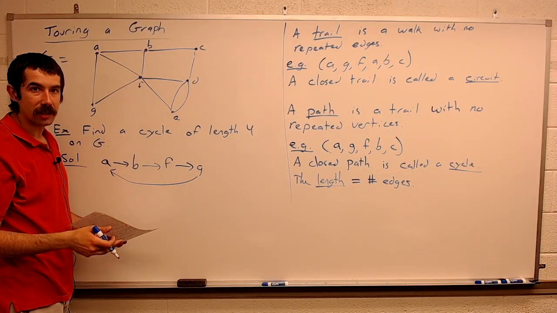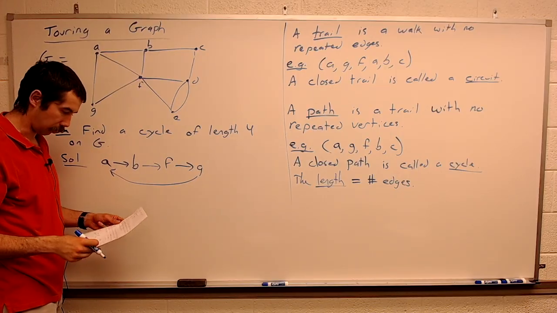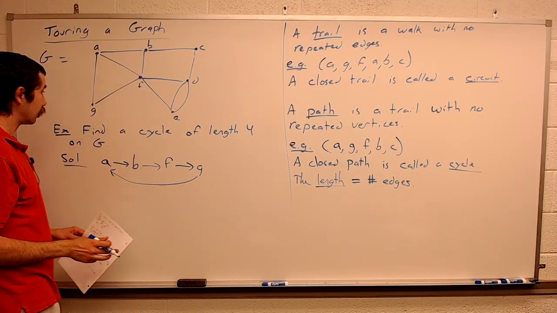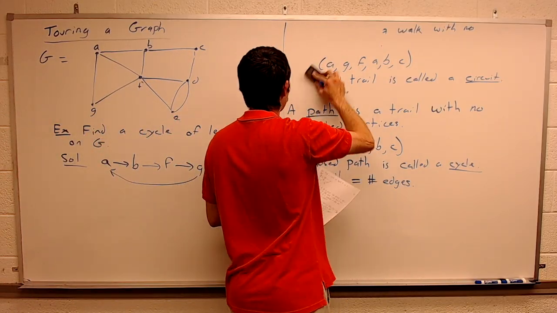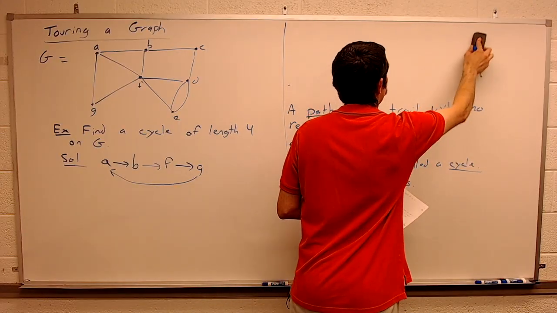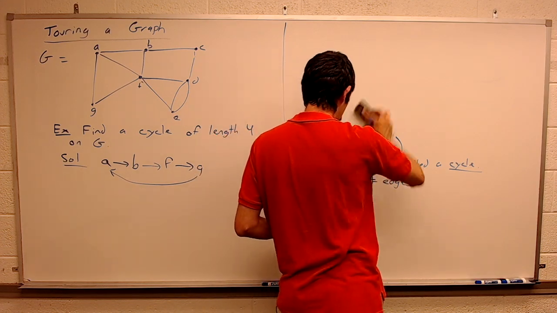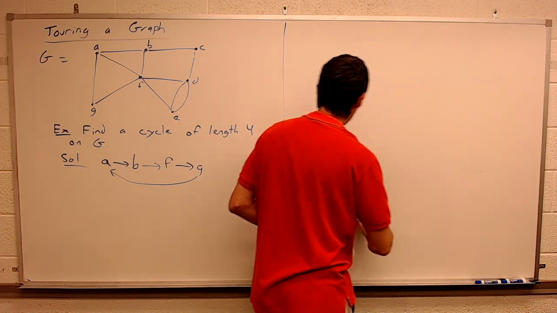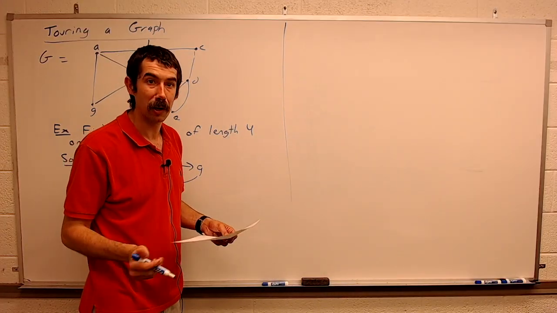We didn't repeat any vertices, and the number of edges was indeed 4. So this is a length 4 cycle. We did it. Okay, great. I know it's been a little bit vocab heavy these first few lessons, but we got to get the language locked in so that we can start solving some hard problems.